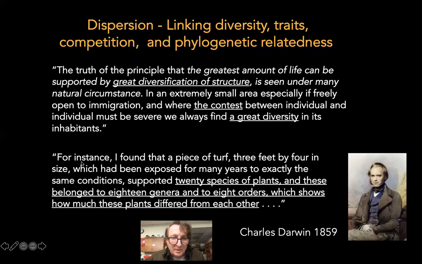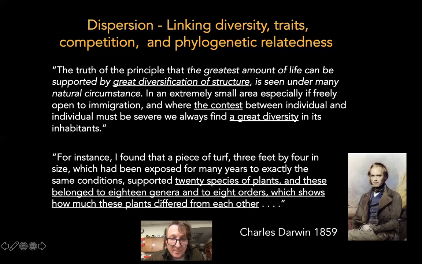He was looking, I believe, at a meadow in England, and says, for instance, I found that a piece of turf, 3 feet by 4 in size, which had been exposed for many years to exactly the same conditions, supported 20 species of plants, which belonged to 18 genera and to 8 orders, which shows how much these plants differentiated from each other.